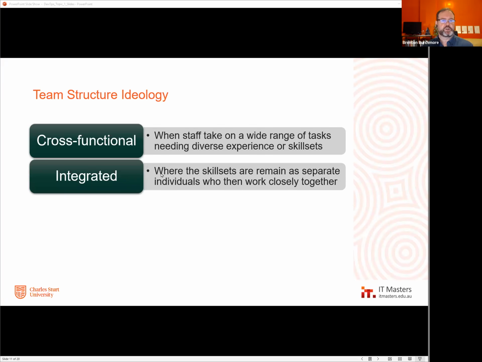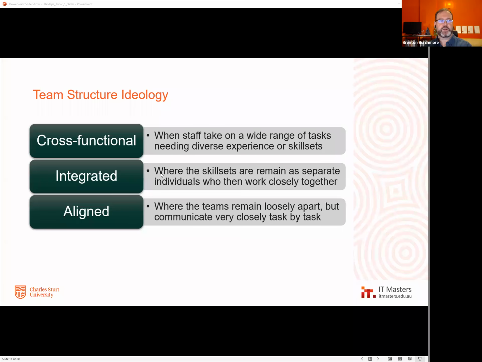That is different from an integrated structure, where members of the team still preserve their skill sets, their functions, and their areas of expertise as separate individuals, but they're part of an integrated team.